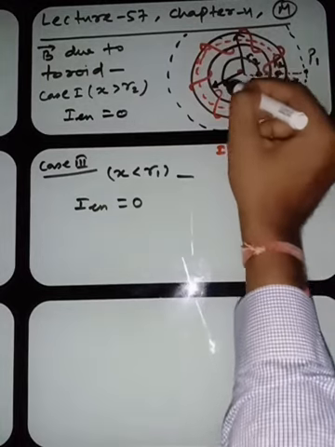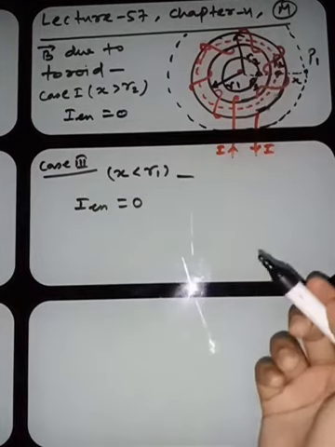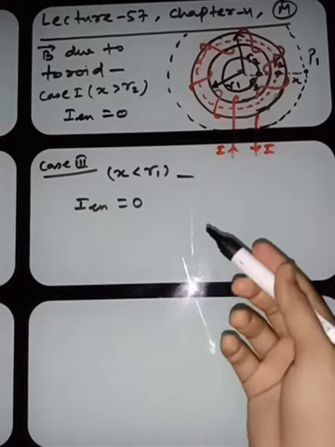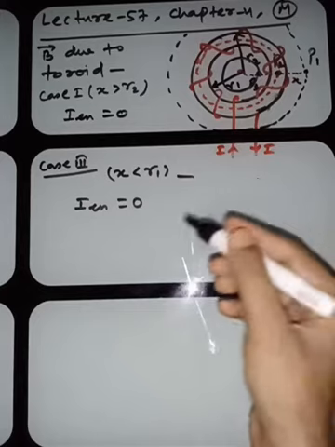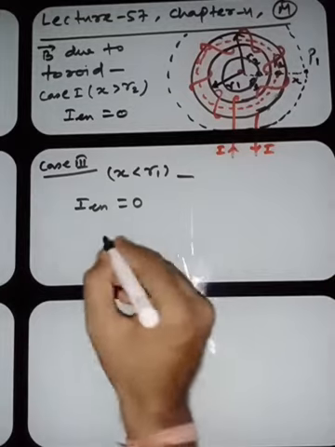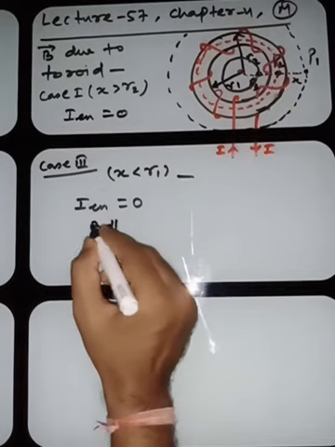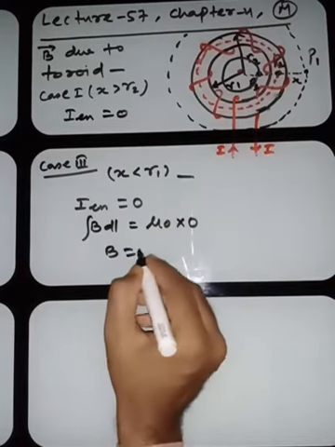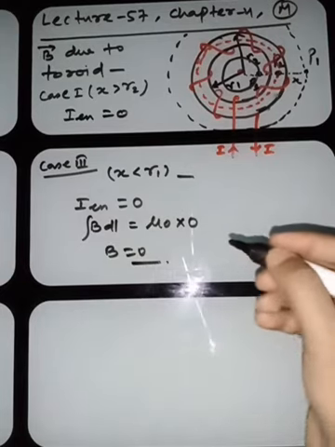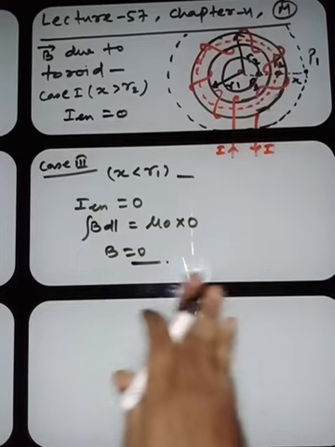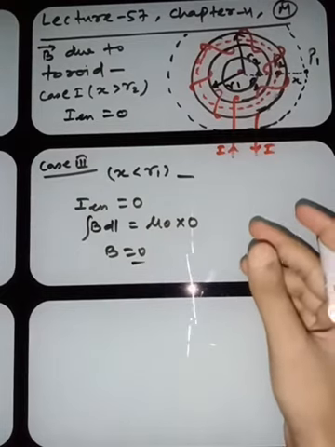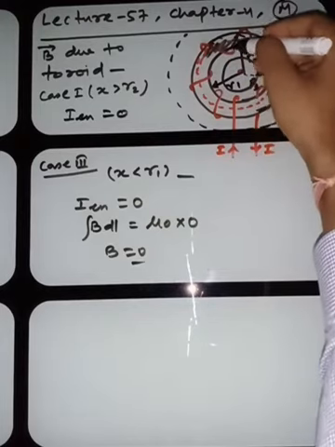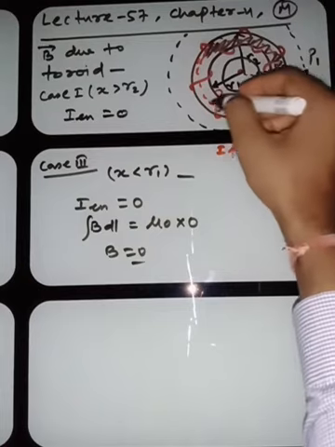If you make an Amperian loop this way, you are not getting any current inside this loop, so I enclosed is 0. So B dot dl is mu naught times 0, and B will be 0 as well. From this result we can conclude that the magnetic field due to a toroid only exists in this space, as we have discussed in the last class.